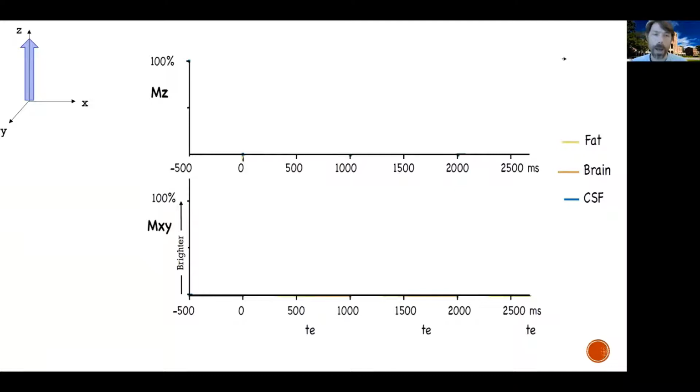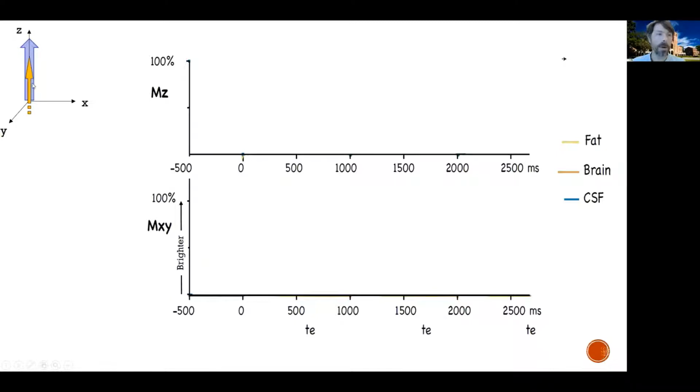Now let me give you an example of how this works, okay? So let's say we're going to start with our protons nicely, so with M0 fully relaxed. So M0 is really straight into B0, as you can see in the illustration up here. So the yellow arrow, as usual, is M0.